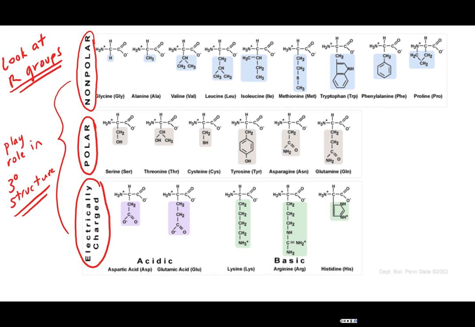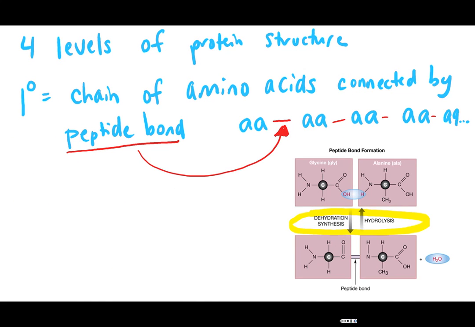Some of them are polar or charged. And the significance of things that are polar and charged is that if you have charges, then you're going to see interactions between those charges, aka hydrogen bonds. Remember, opposite charges attract and like charges repel, and this will play a role then in our protein structure.